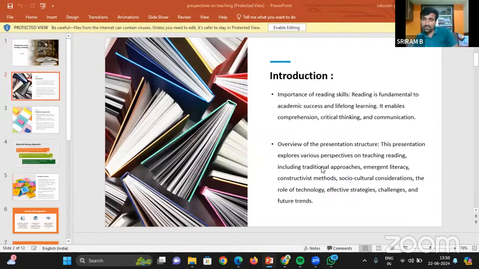Okay, the next one. Overview of the presentation. This presentation explores various perspectives on teaching reading, including traditional approaches, emergent literacy, constructivist methods, socio-cultural considerations, the role of technology, effective strategies, challenges, and future trends.